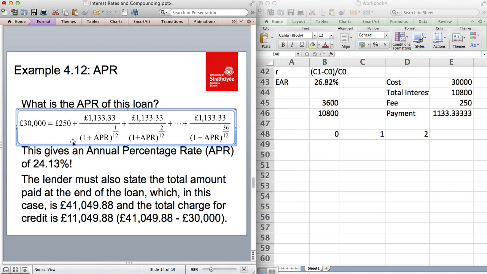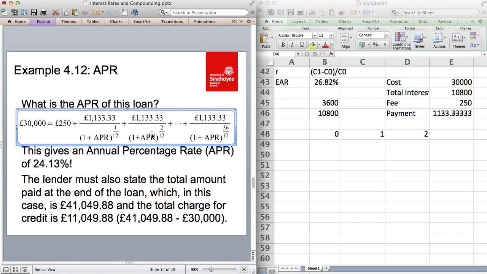And I'm going to show techniques to find out how to do this in another video, but 30,000 is how much you've got. That's the cost. You've got £250 up front. There's no compounding or discounting there because that happens just now. And then you've got the monthly payments of 1133.33, 36 times all the way up to the end.